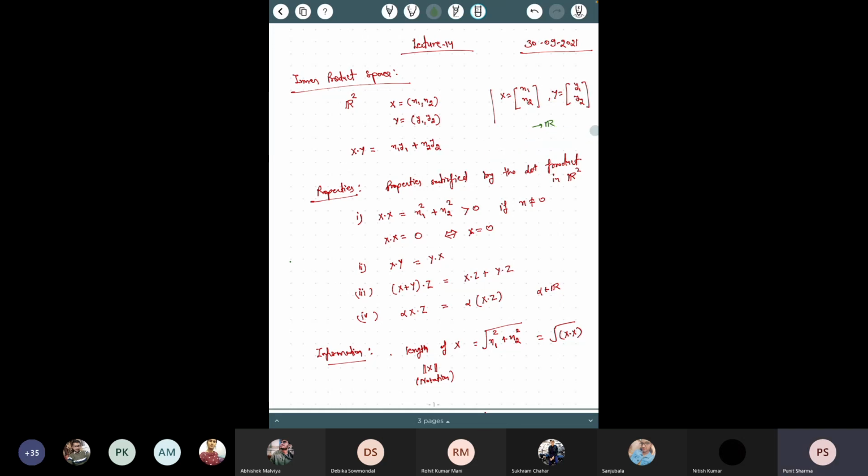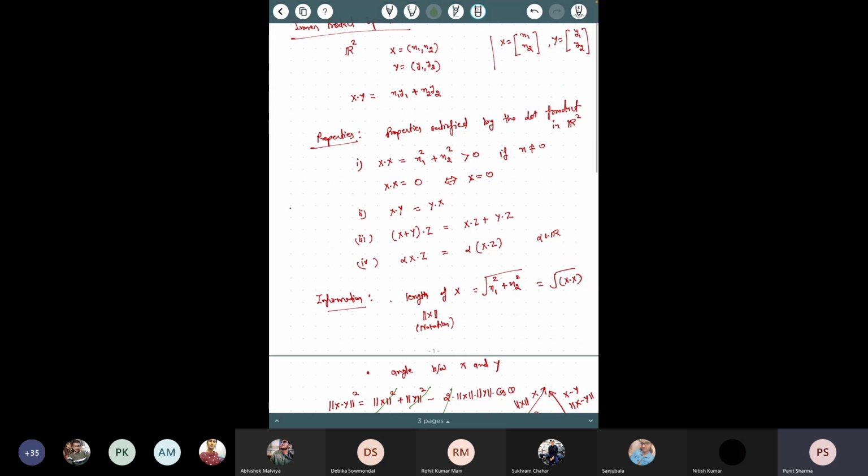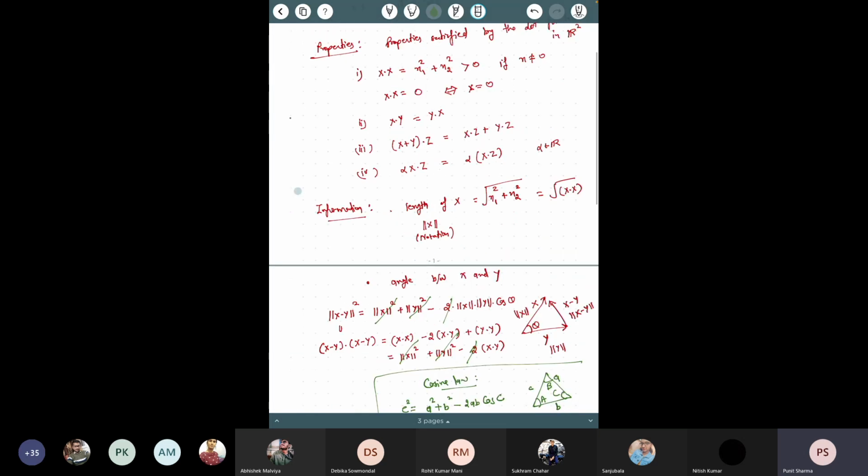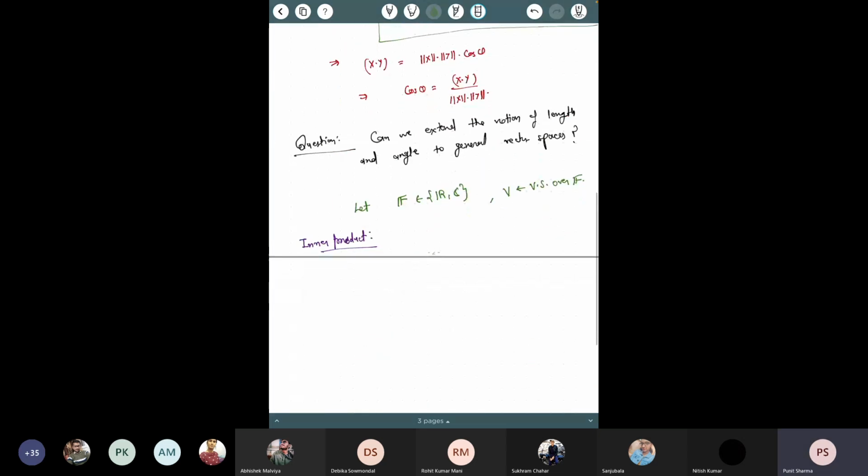Why am I doing it in this way? So that you don't have to remember the definition or the properties satisfied by an inner product. You just recall what the dot product in R2 satisfies, and these properties are very easy. So you can simply extend this to a general vector space. So the definition is given here.